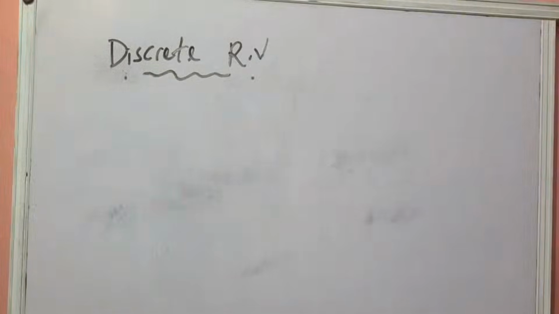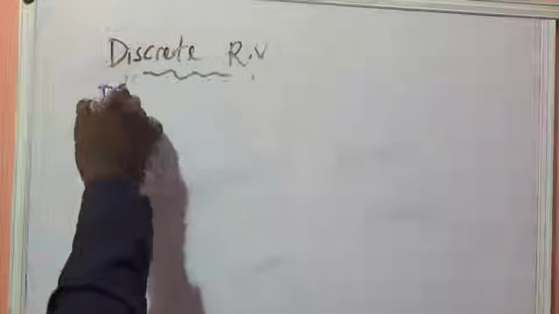Now, discrete random variables. I'm going to tell you 2 things that must happen for you to say something is a discrete random variable. Guys, what I want to say next is too important, so make sure you are really here.